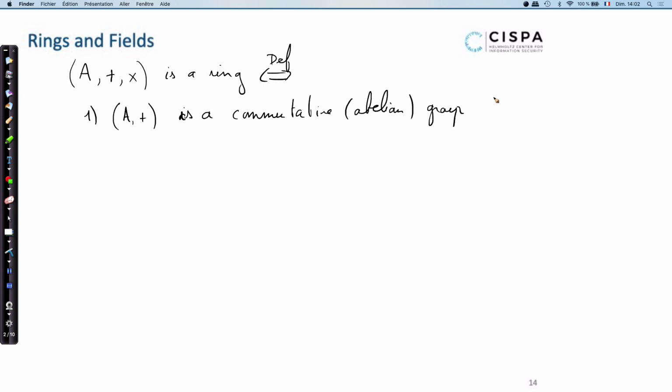Okay. The second property we need is going to speak about multiplication. So we want multiplication to be associative. Okay, and we also wanted to have a neutral element.